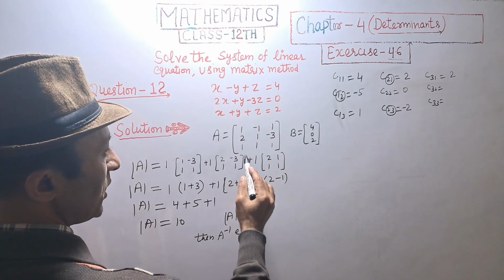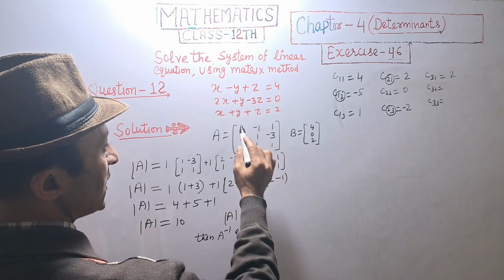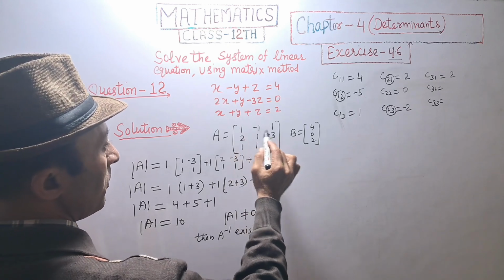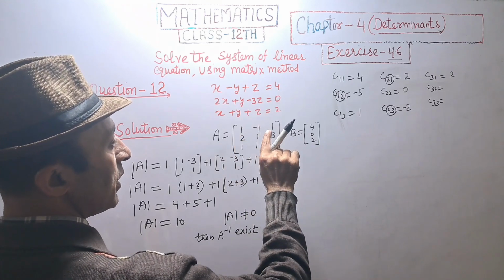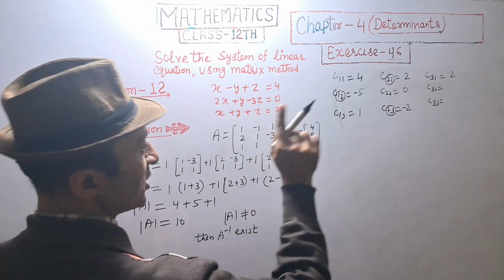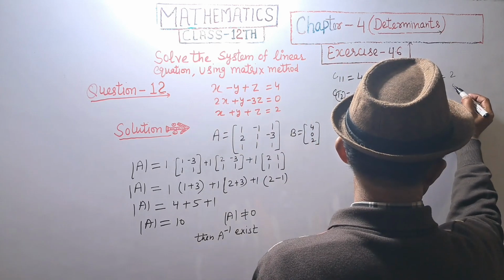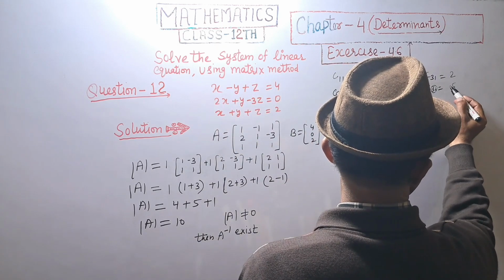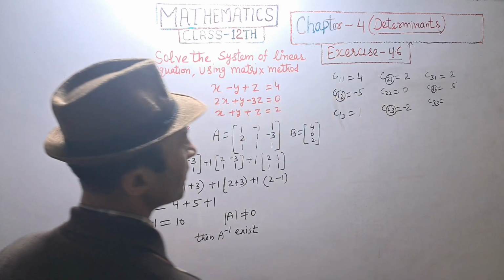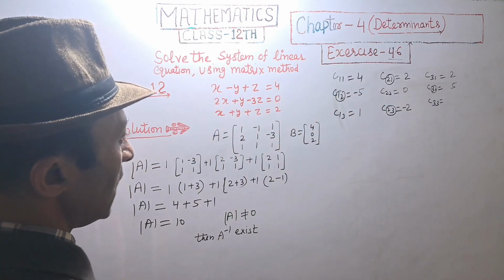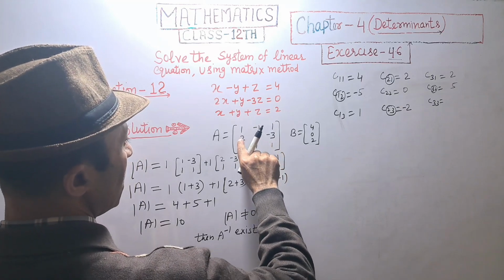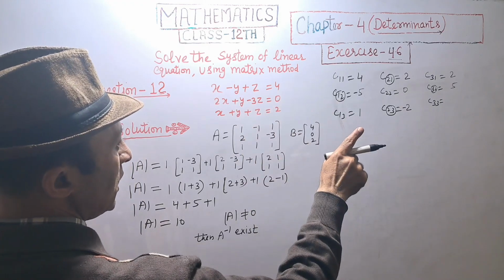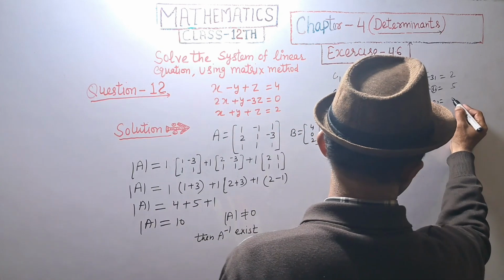And C32, -3 multiplied by -3 multiplied by 1, that is -3, 2 multiplied by 1, -2, that will be -5, and minus multiplied by minus, that is +5. And C33, 1 1s are 1 plus 2, that is 3, we get 3.